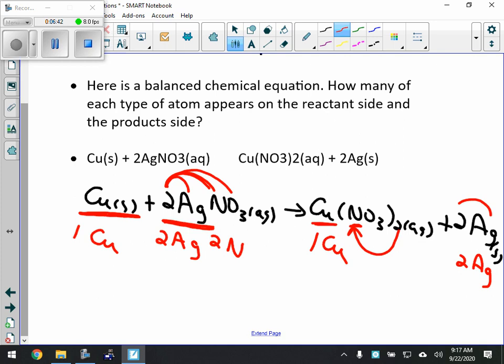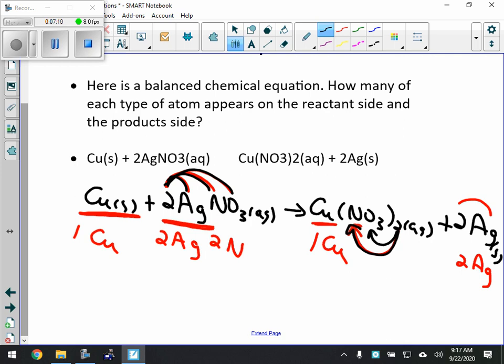That means I have 2 nitrogens there. Anything in front goes to everything behind it. If it's in brackets with a little subscript, that goes to whatever's in the brackets. So this 2 goes to this and this and this. The 2 goes to here and to here, because it's inside the brackets. Does that make sense?